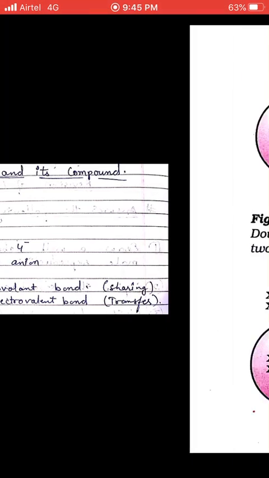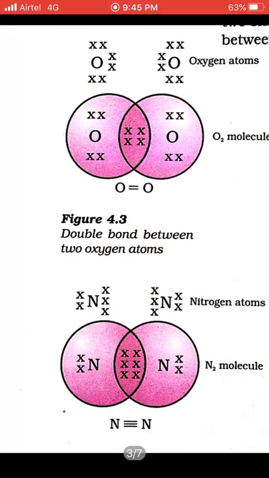So let's see how a covalent bond is formed. This is an example, a double bond between two oxygen atoms. You can see the electron dot structure of O2 and N2. The covalent bond is formed between the two oxygen atoms and between two nitrogen atoms.